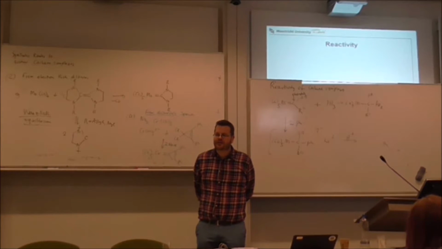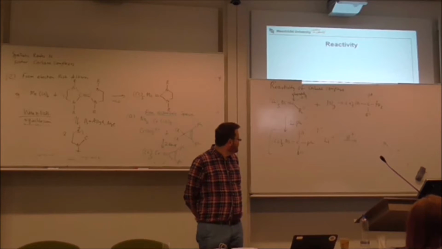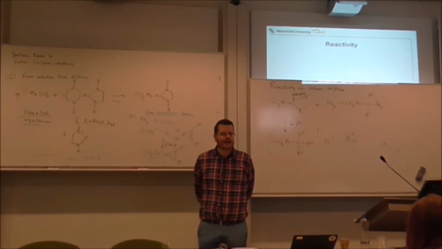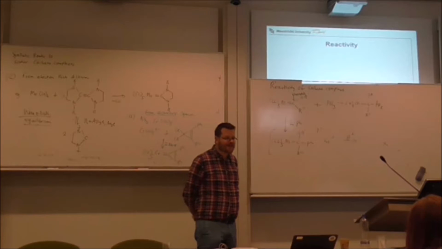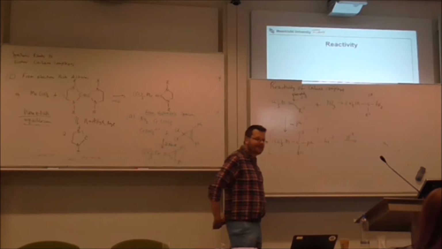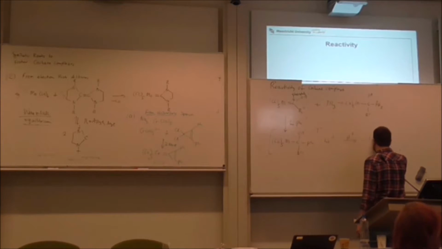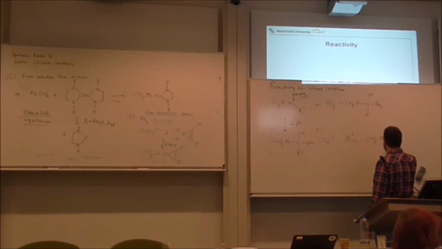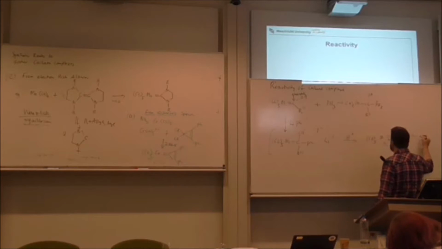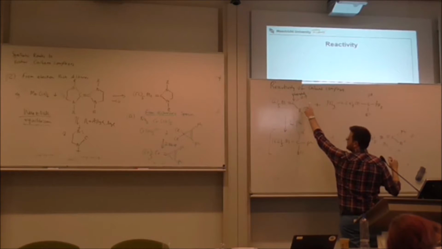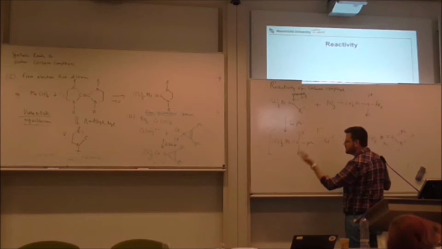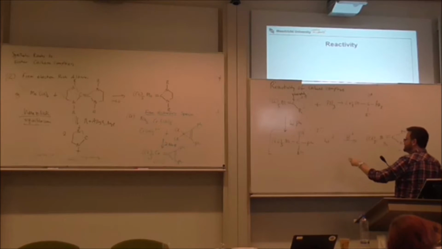It's going to release what? Alcohol. Yes, and what are we going to be left with? A new carbene. How cool is that? This is how you can actually get rid of this pesky alkoxy group in Fischer carbene chemistry and put on a decent substituent plus HOR prime.